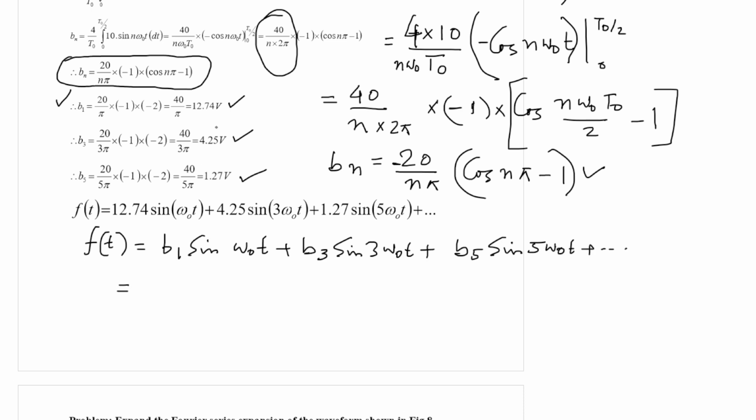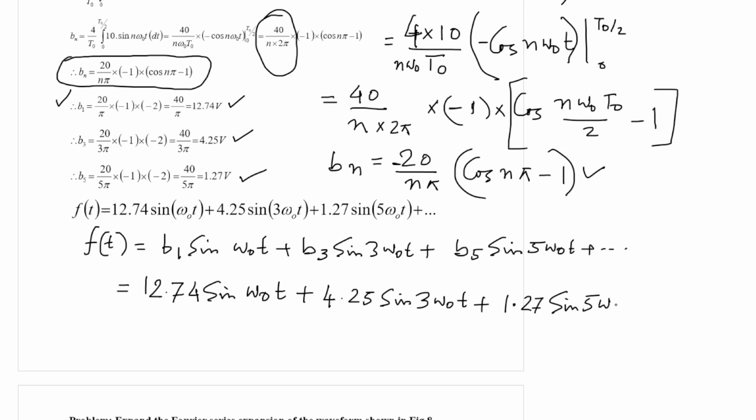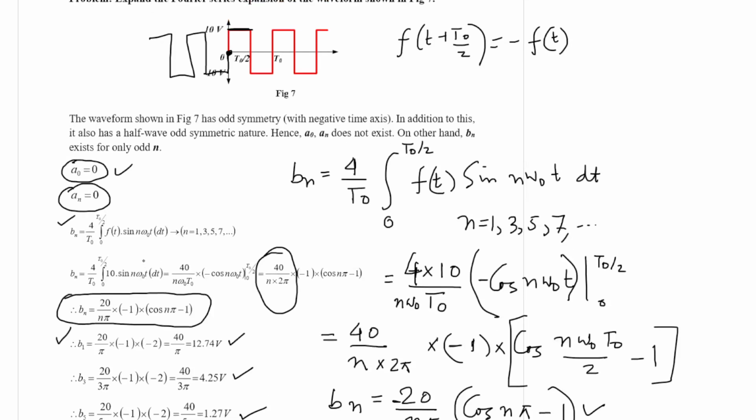So you have evaluated b1 as 12.74 volt, so it will be 12.74 sine omega naught t, b3 will be 4.5 sine 3 omega naught t, and then we have evaluated the final term 1.27 sine 5 omega naught t, and the higher order harmonic terms are insignificant. So this is the Fourier series expansion of this square wave.